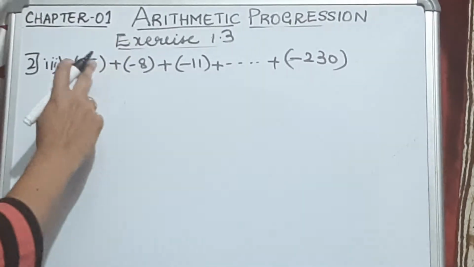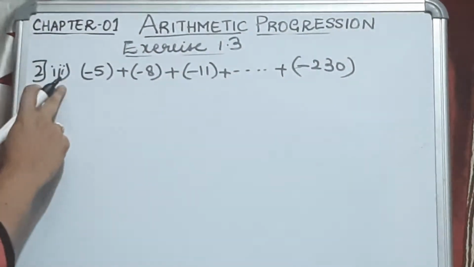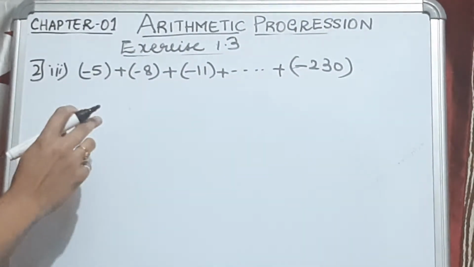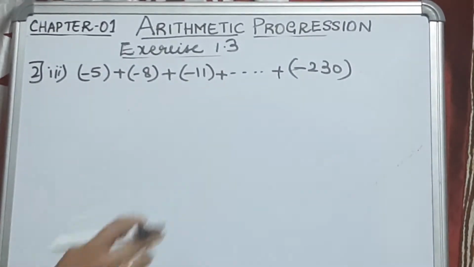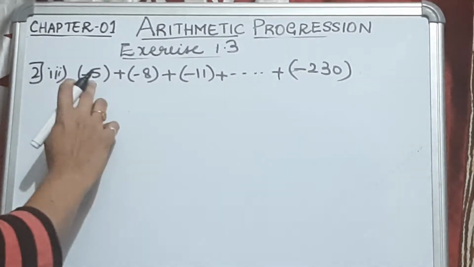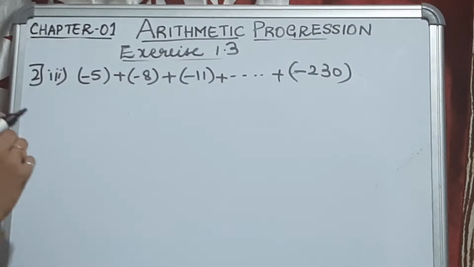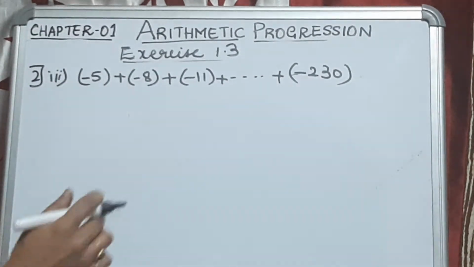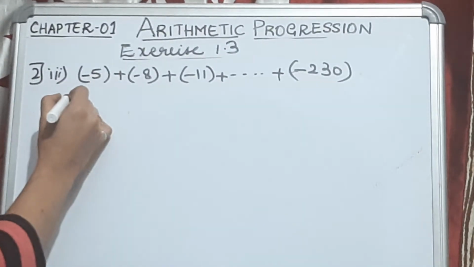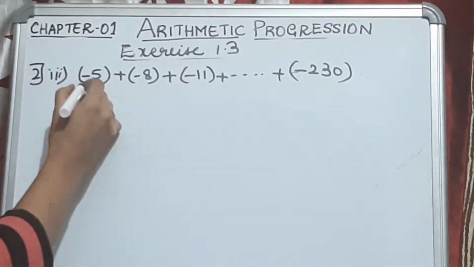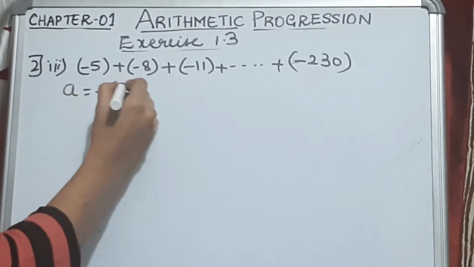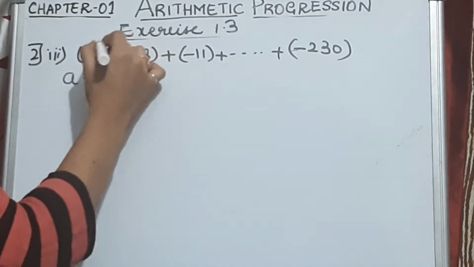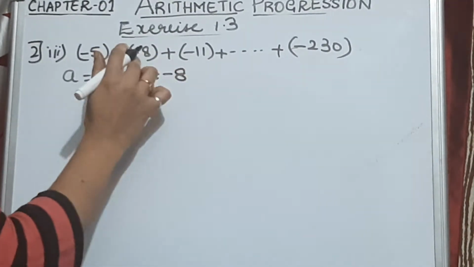Okay student, in the same exercise, second question, one more example we can solve now. See here, this type has many integers and negative numbers. We can find Sn here also. First, A is equal to minus 5. D is equal to minus 8 minus of minus 5.